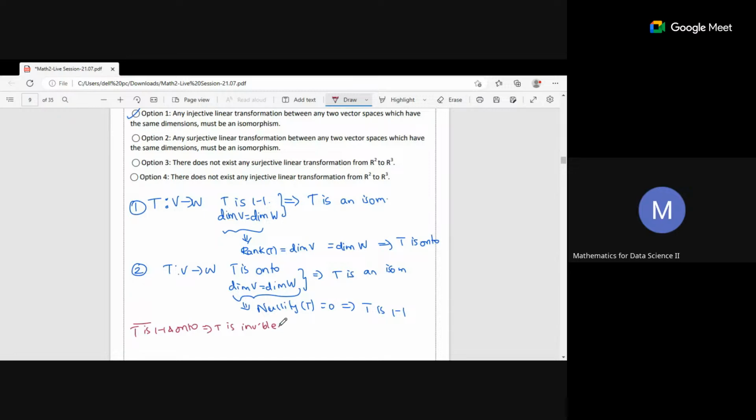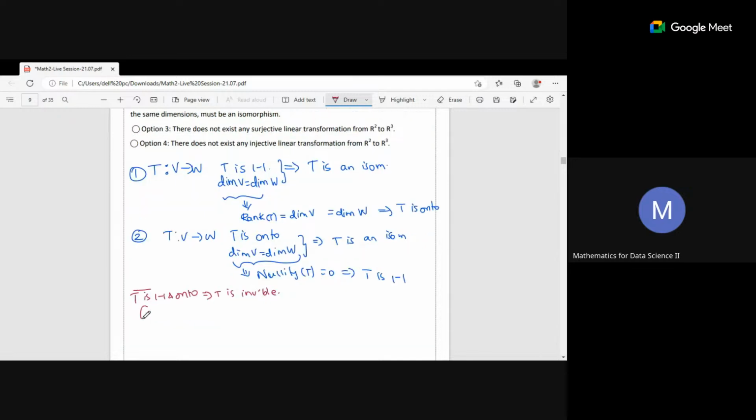In terms of matrices, when do you say a square matrix, n by n matrix, is invertible? You say it is invertible when the rank of A is equal to n, or you say nullity is 0. It is nothing but this condition, 1-to-1 and onto.